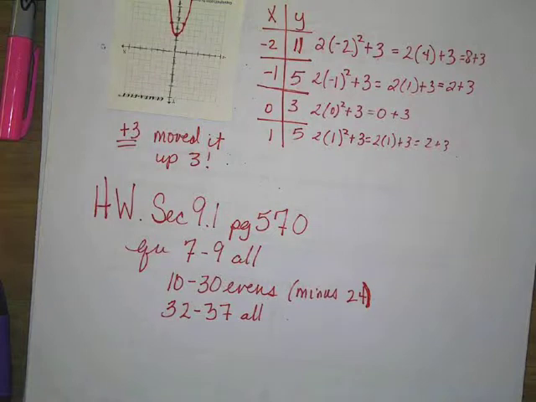Okay, some of these are match. Some are, look at the graph, identify the vertex. 1, 2, 3, 4, 5. You're going to probably want one more piece of graph paper for your homework. One more? Yeah.